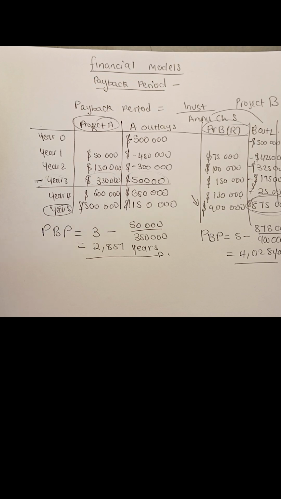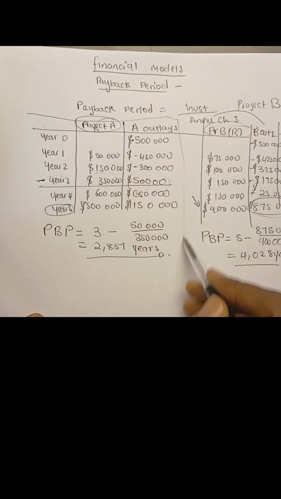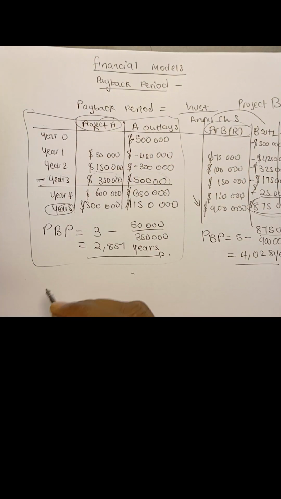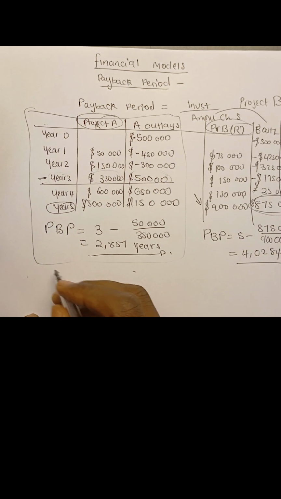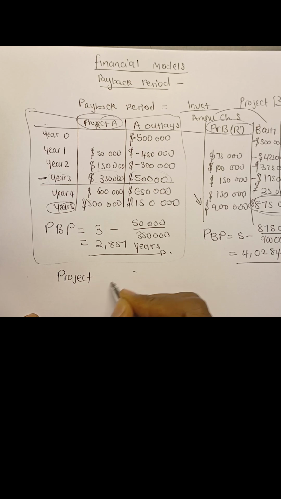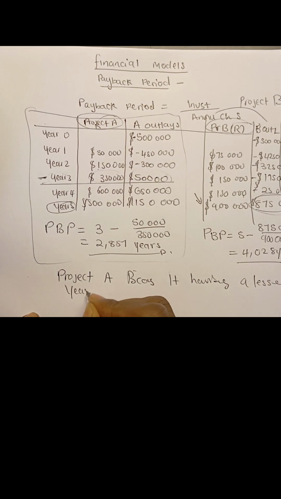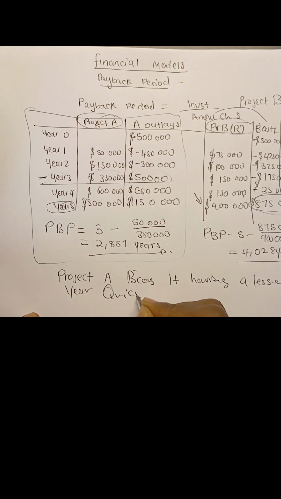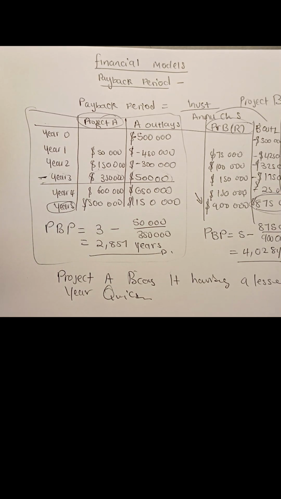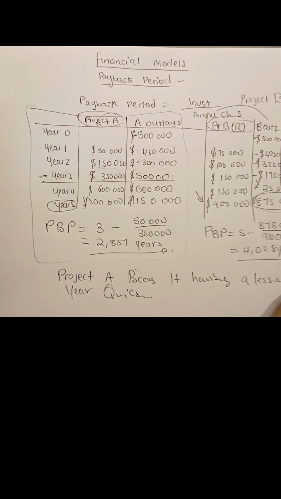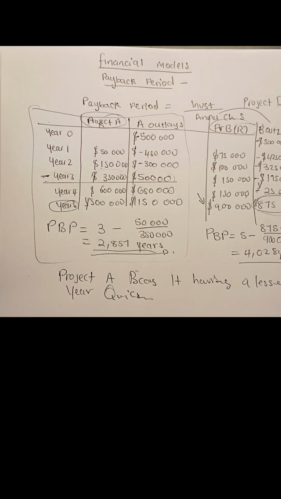So automatically, you have to know that you are going to pick project A. That means you're going to say project selection: how am I going to choose the project? I'm going to choose project A because it has a lesser number of years. So it's going to be quick for you to actually get the profit, right? So that is the reason why we have to choose project A, right?